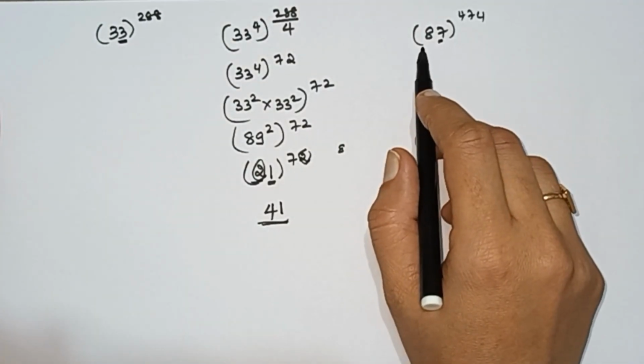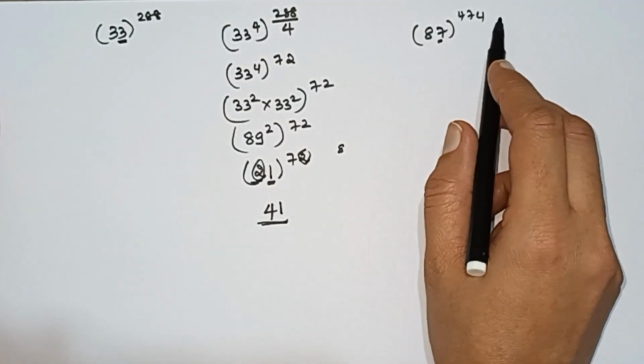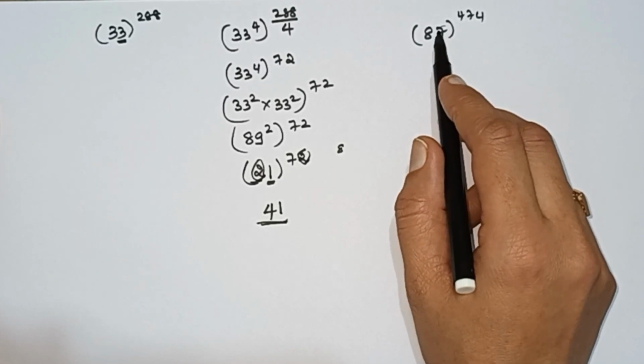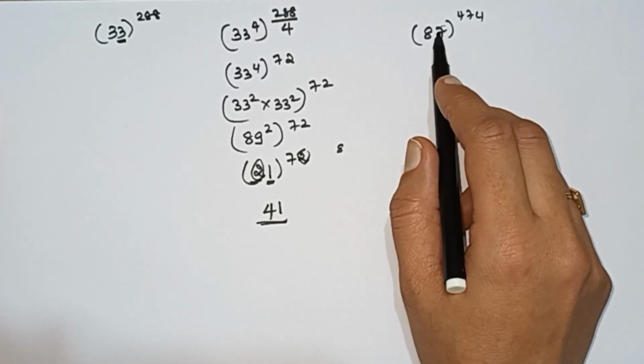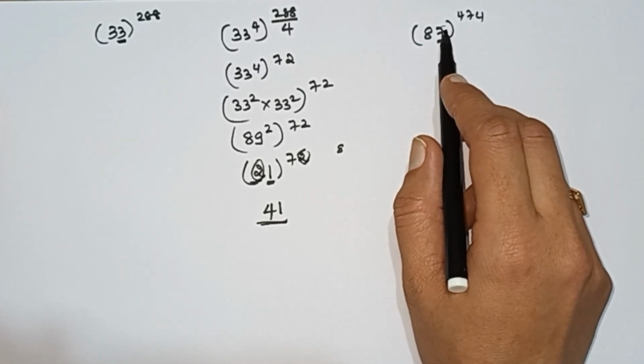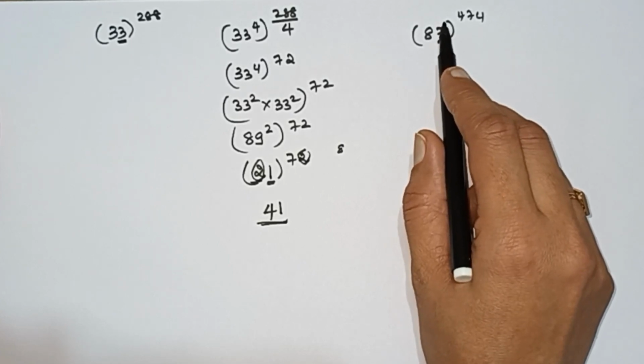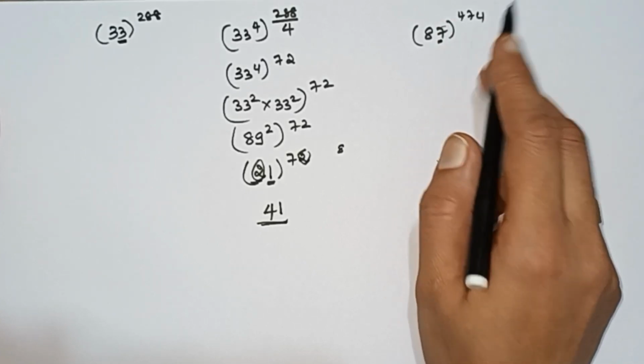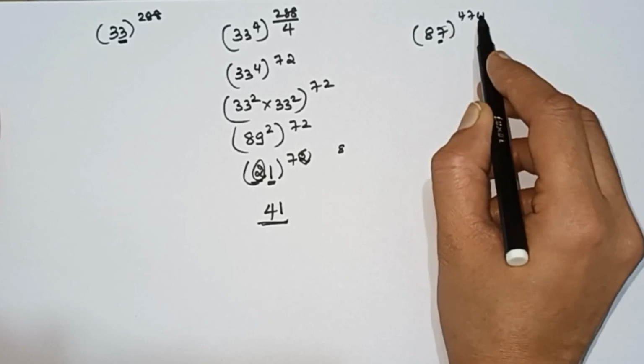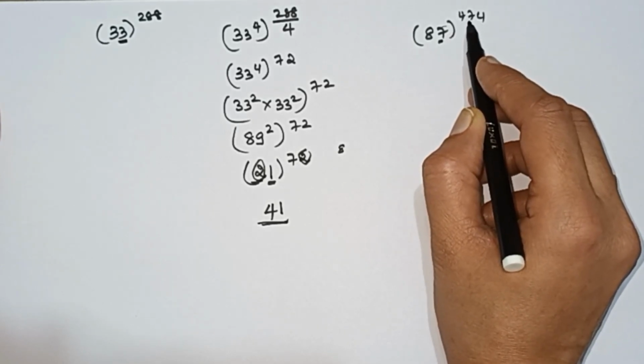Consider one more example, 87 to the power 474. Here the last digit is 7. Therefore, the power cycle of 7 has frequency 4, so raise to the power 4 and divide this power by 4. But here this power value is not an exact multiple of 4.